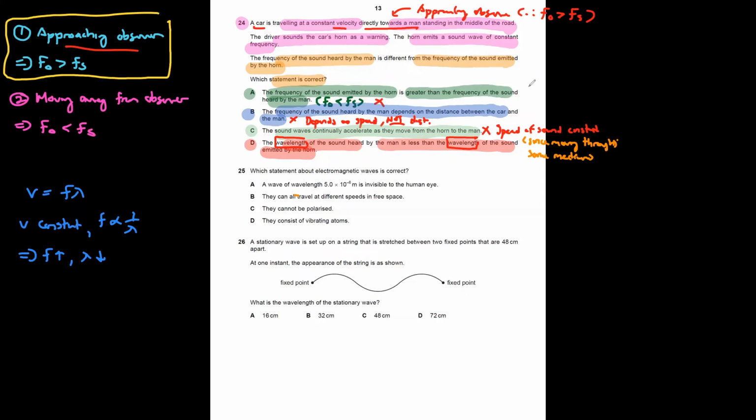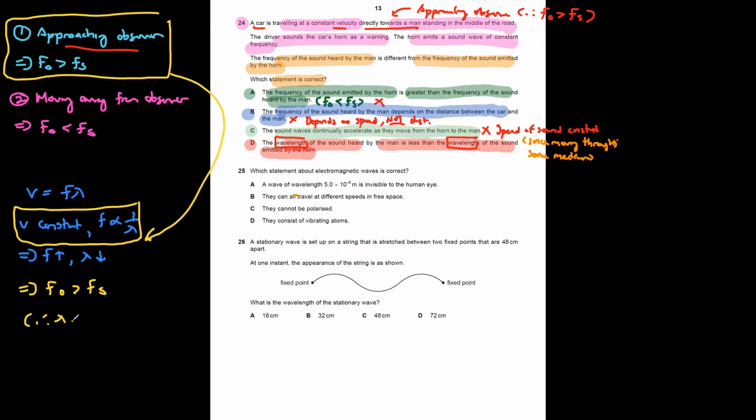How does this relate to the approaching observer case? Because my observed frequency is larger, so f_o is larger than f_s, therefore wavelength observed is less than wavelength of the source.